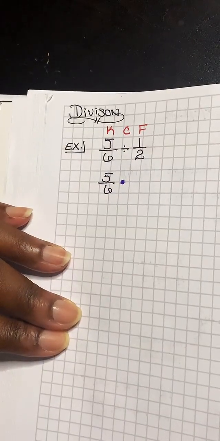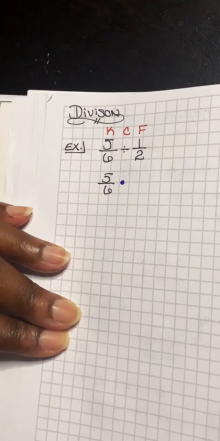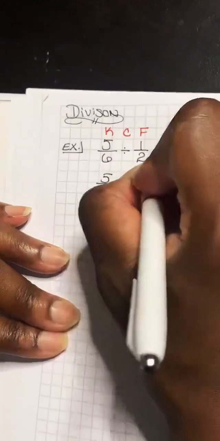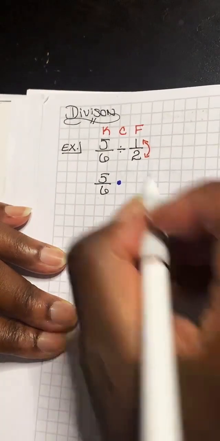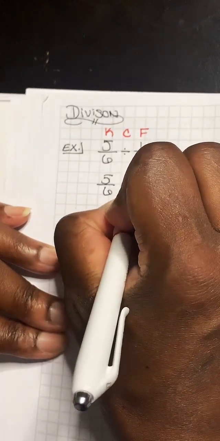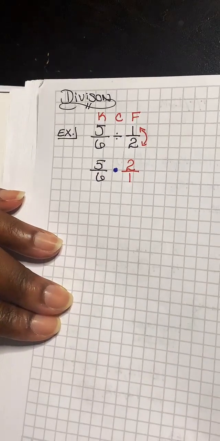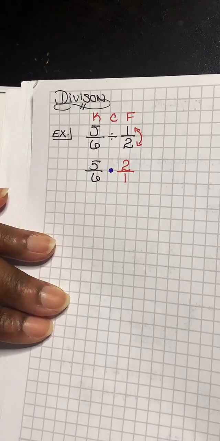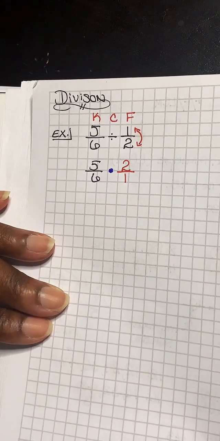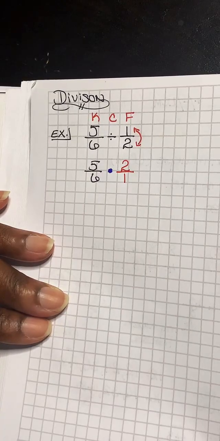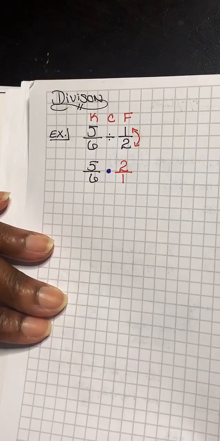We're either using parentheses or dots. And then for the last part, we're going to flip this last fraction. When you flip it, that's called the reciprocal. The reciprocal of 1/2 is 2 over 1. The reciprocal of 2 is 1/2, because remember, when you're about to flip a whole number, make it into a fraction first, then flip.